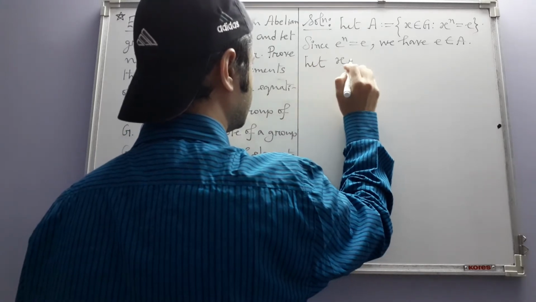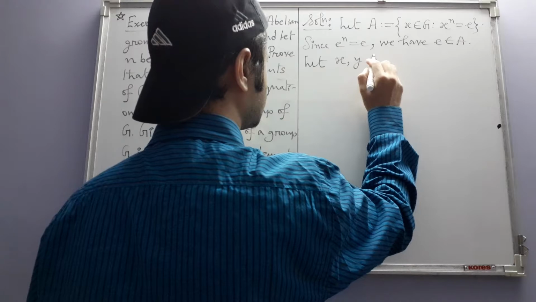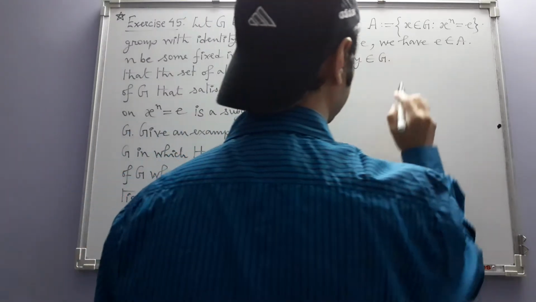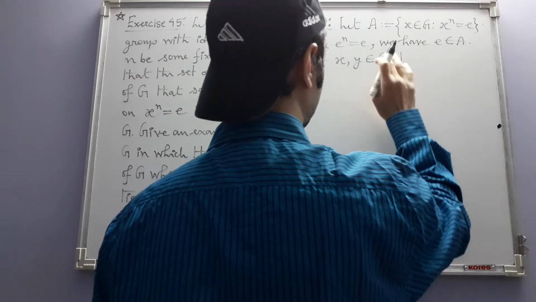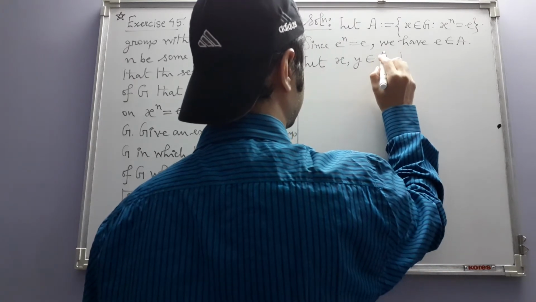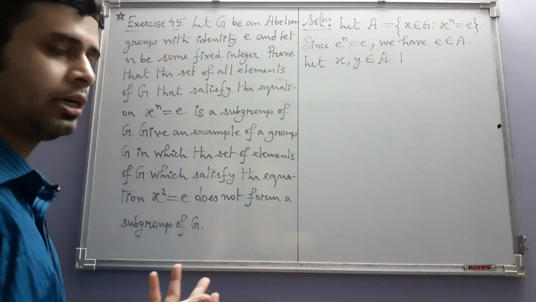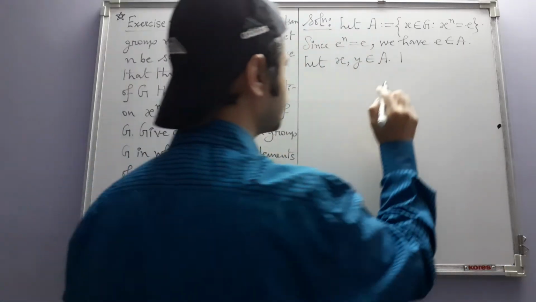Now let x and y be two elements in A. We have to take elements in A because we want to show that A is a subgroup.